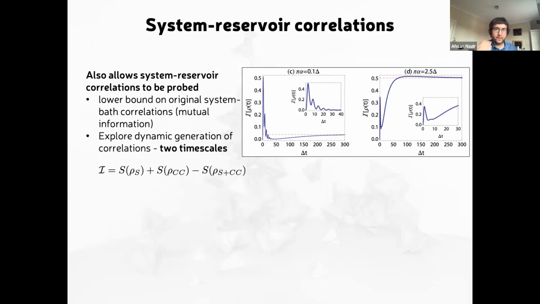So one thing that this approach allows us to do is to go beyond just looking at the reduced system dynamics itself, and probe something about the system reservoir correlations as well, at least approximately, because we can look at the correlations that build up between the system and the collective coordinate and use them to give some kind of lower bound, although it may not be a very tight lower bound, on the correlations that build up between the system and the full multi-mode environment.